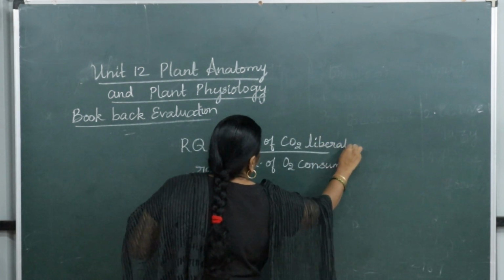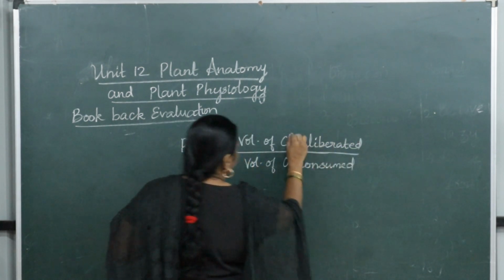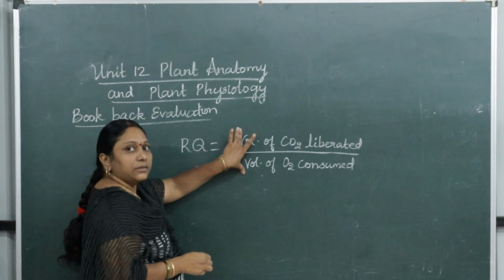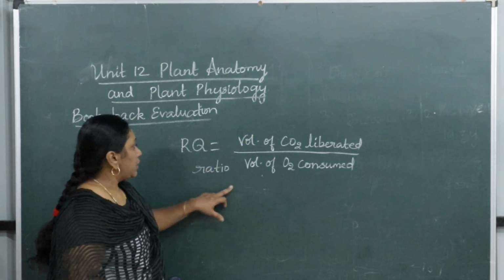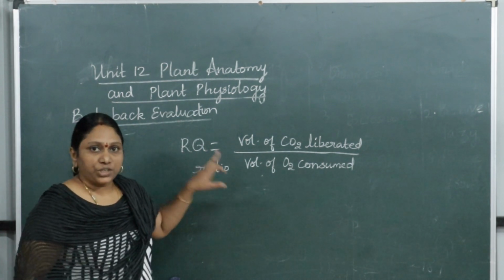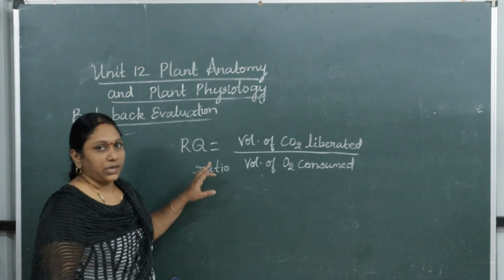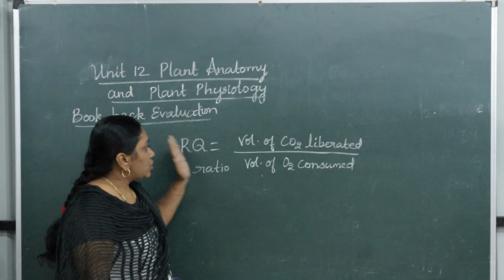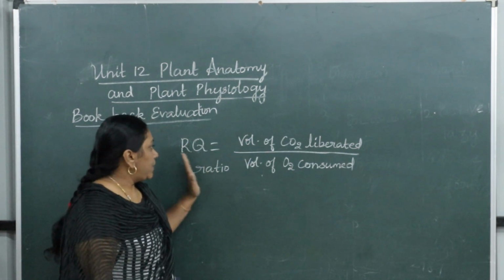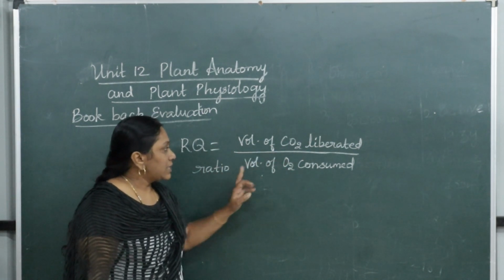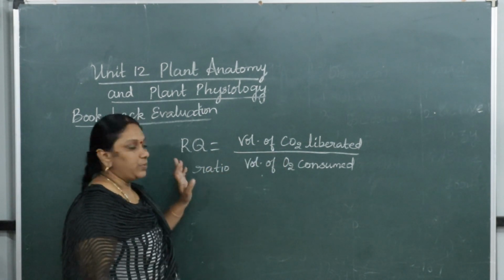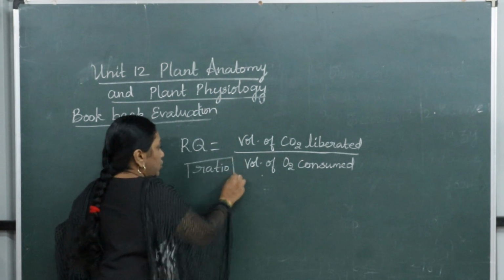How much oxygen we consume and how much carbon dioxide we liberate, the ratio given by comparing those two quantities is the respiratory quotient. So respiratory quotient is nothing but the ratio of volume of carbon dioxide liberated to the volume of oxygen consumed. Kindly don't forget the word ratio.